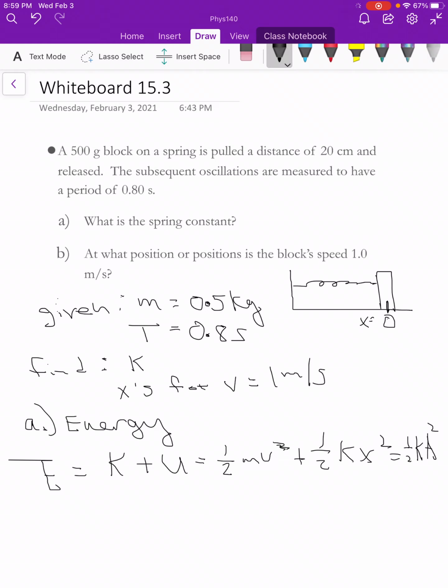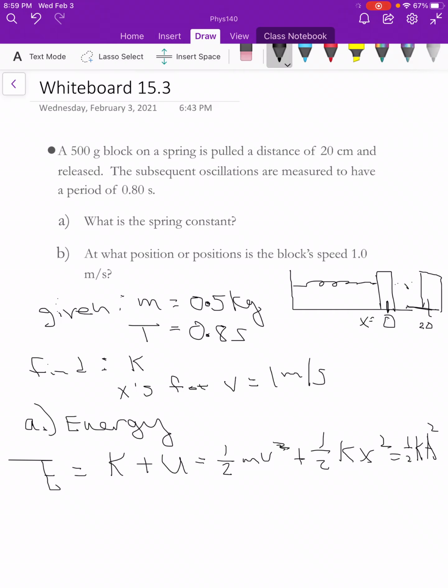And in this example, we pull the block 20 centimeters away. So we're going to draw, let's say it's extended to here, right? And so this is 20 centimeters away. So it's just been pulled away. So the spring is stretched.